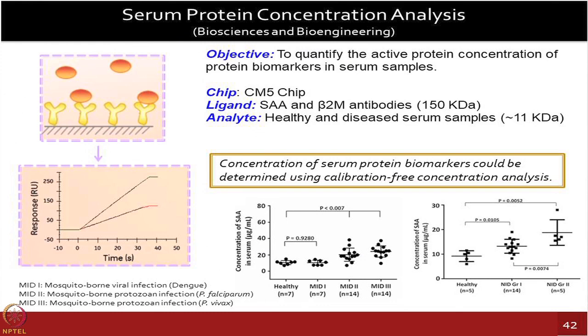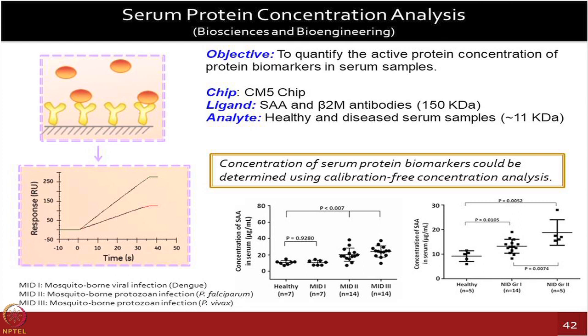One interest in our lab was to measure the concentration of some known proteins in the serum. For example, from our discovery approach using DIGE and iTRAQ based platforms, we identified a couple of proteins which look good to us as potential biomarkers. So we thought, can we measure the level of those proteins in the serum using SPR?